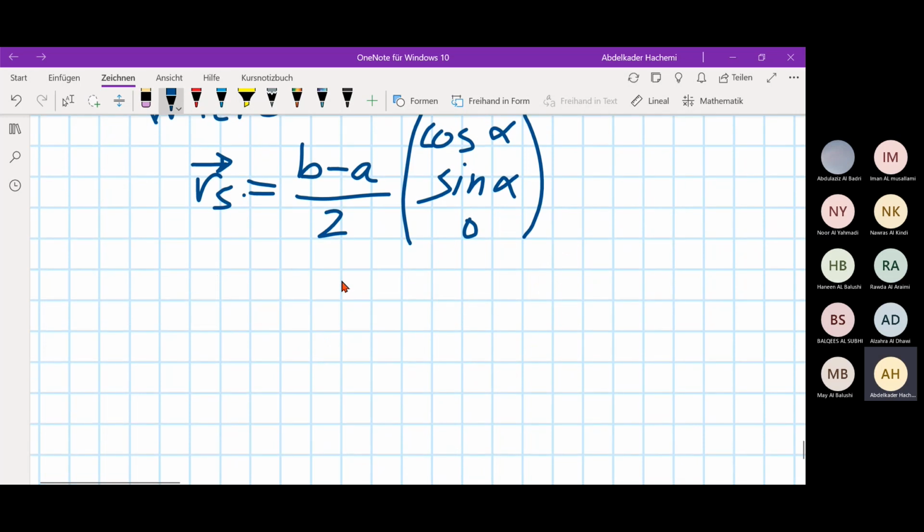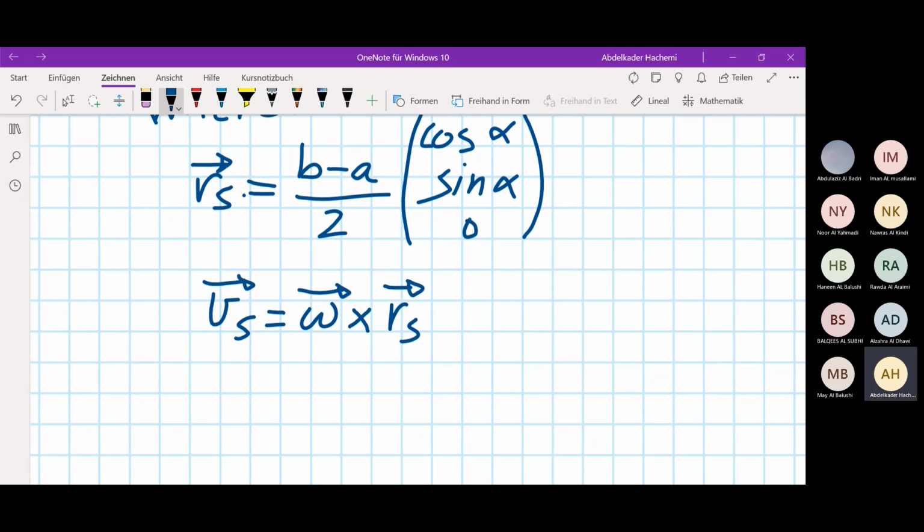And we have Vs, it's by definition omega cross Rs.